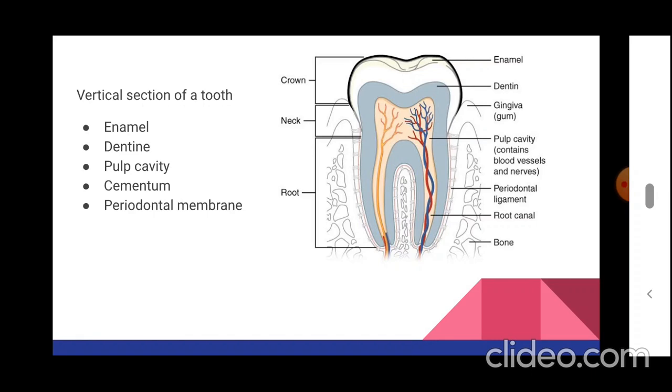Then you can see the pulp cavity and the root of the pulp cavity. 2 roots can be seen in this tooth, which is shown in this image. So the vertical section of a tooth contains mainly enamel, dentin, pulp cavity, cementum, periodontal membrane.